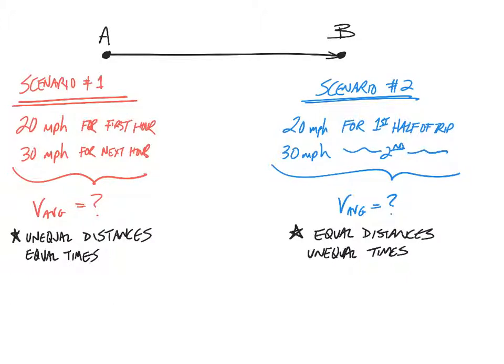But here's the thing. The speeds are identical speeds. All right? I'm not changing the speed of motion. What I'm changing is what those speeds are relative to. In one sense, those speeds are relative to equal times.